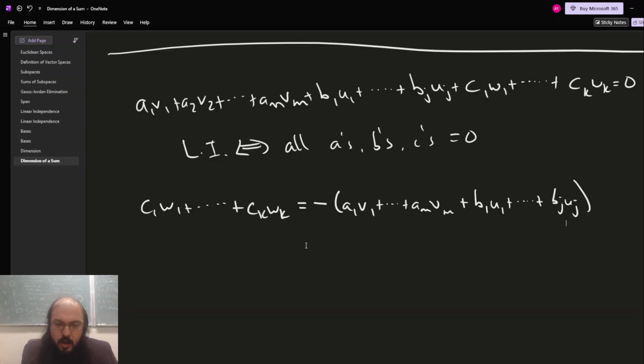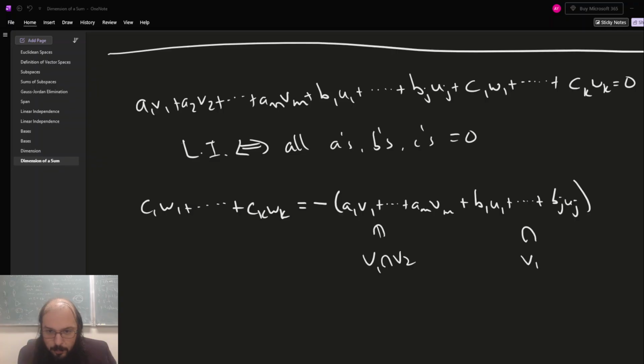Why am I doing this? Because if I write this in this way, then what this shows me is these things were all in V1 intersect V2, and these things were all specifically in V1. And so this linear combination is also in V1 because everything in sight is in V1. Okay.